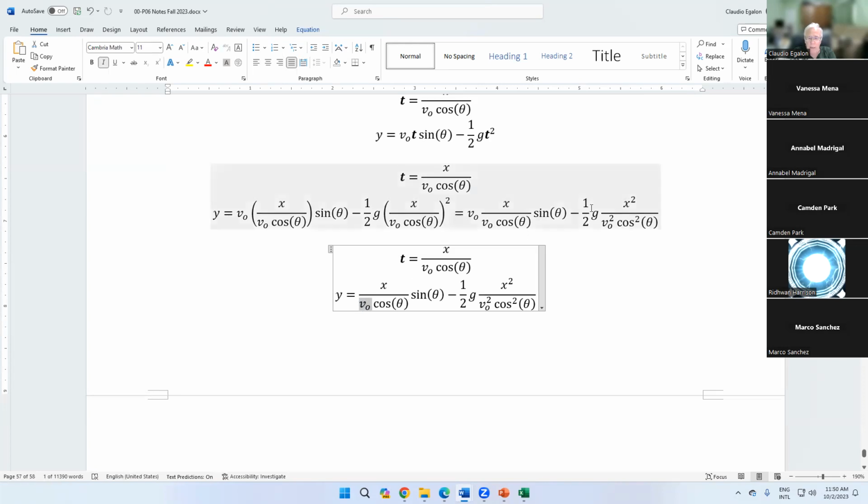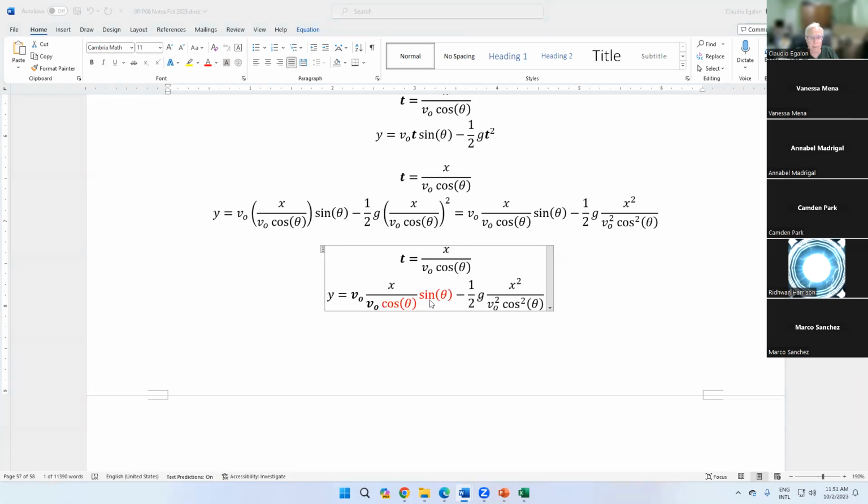Okay, the V naught here. This V naught here cancels out with this V naught here, right? Not only that, but this cosine of theta can be combined with this sine of theta, right? Here I don't see any simplifications that we can do.